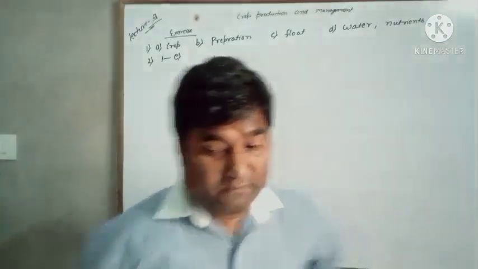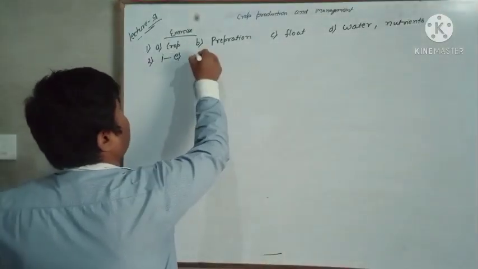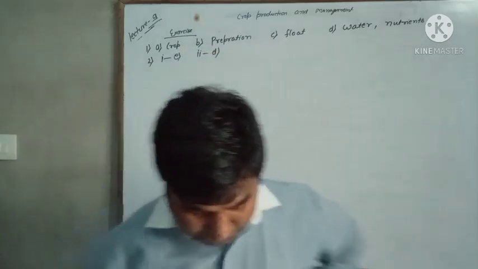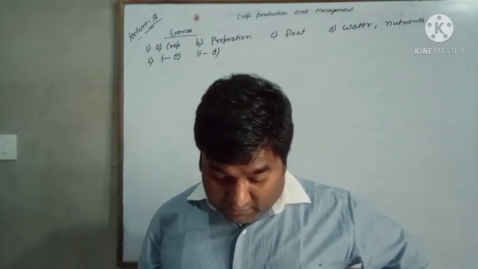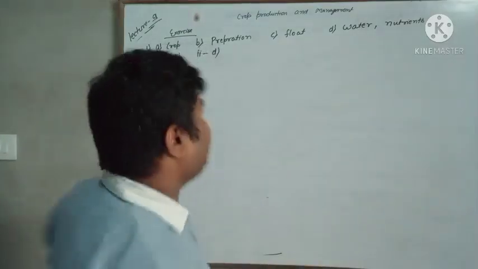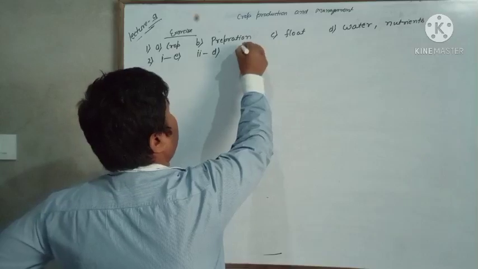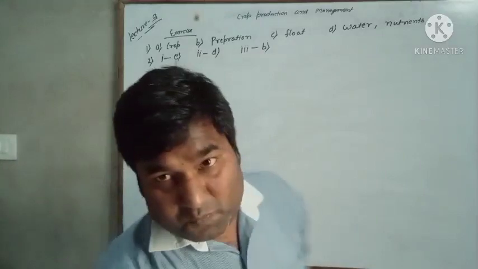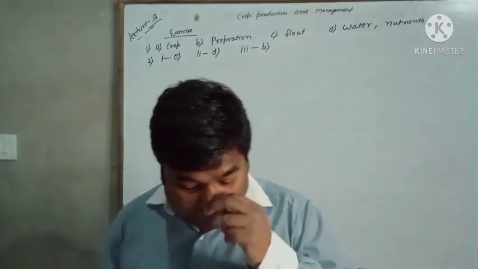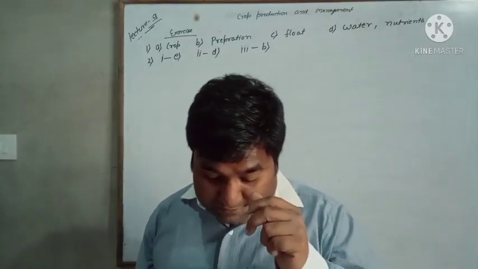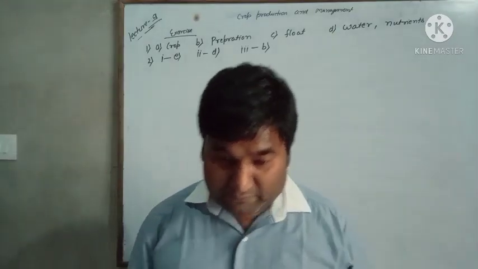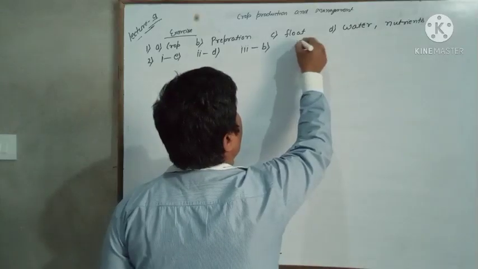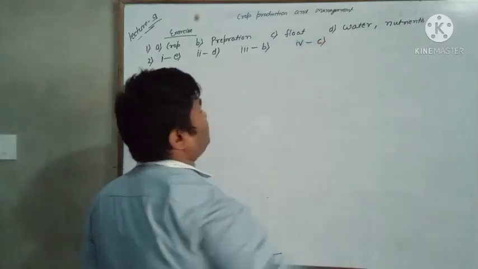Rabi crop, that will be D. Third, chemical fertilizer, that is B, urea and superphosphate. Organic manure, animal excreta, cow dung, urine and plant waste, so it will be C.